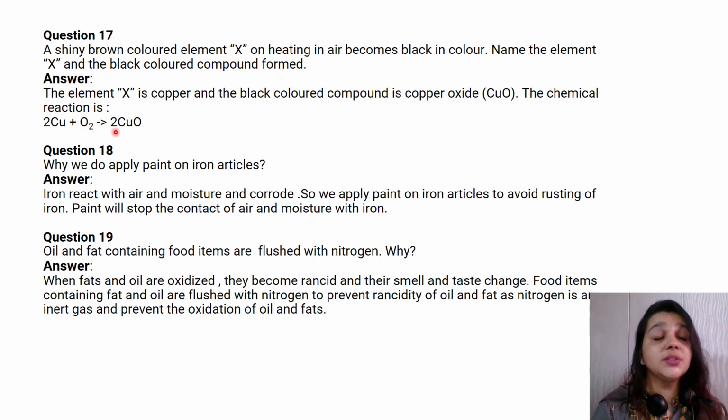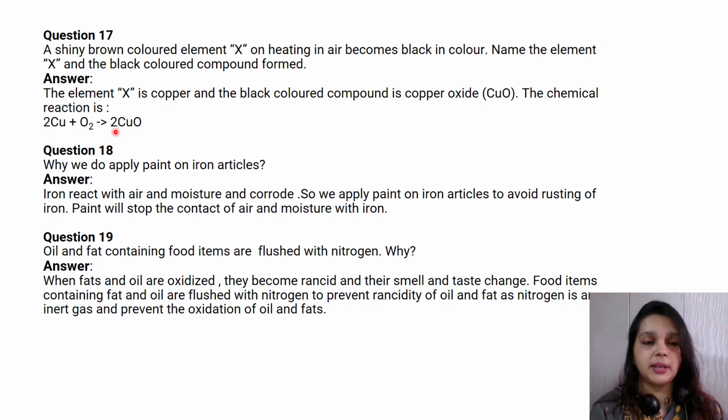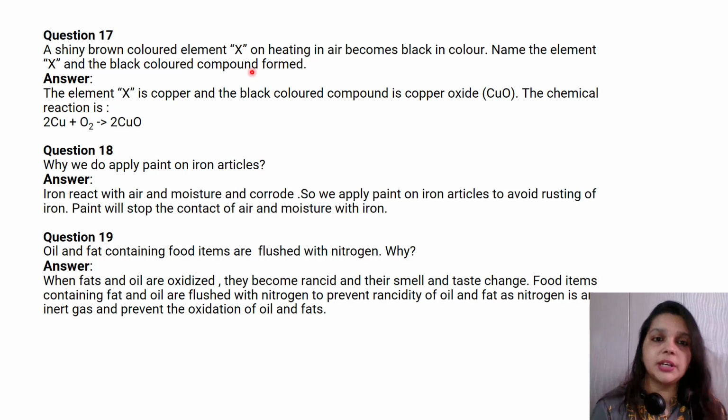So we need to remember that copper is the one which on heating in air gives us black color, so that you can answer questions like these. Whenever we are heating it, the black colored compound that is formed is copper oxide. So we can always give the chemical reaction: copper plus heating in air, oxygen will be involved, and we get copper oxide, as we have just said.